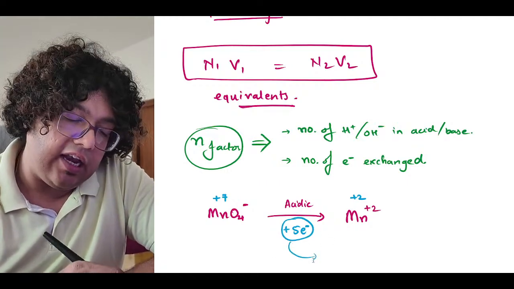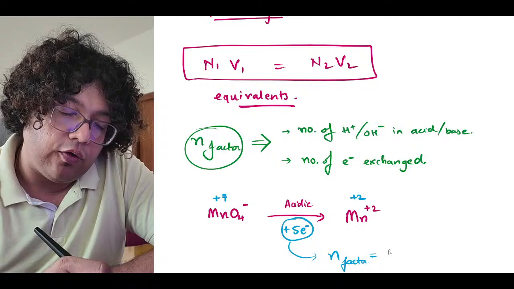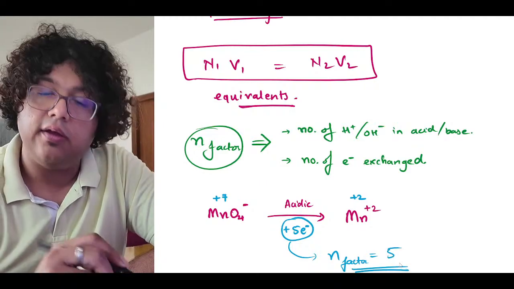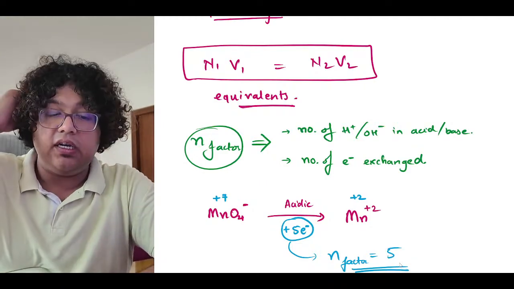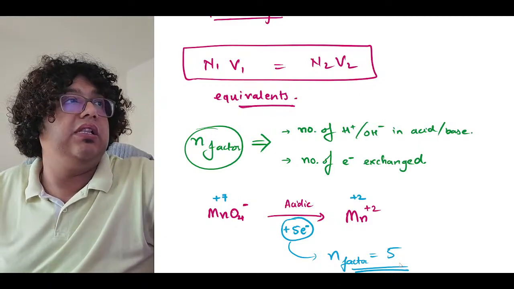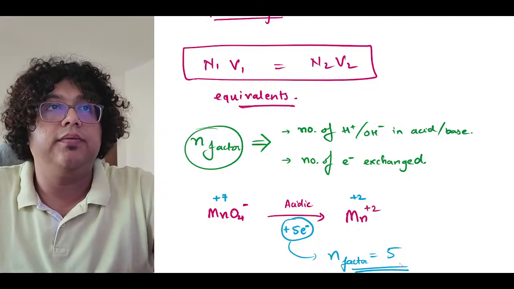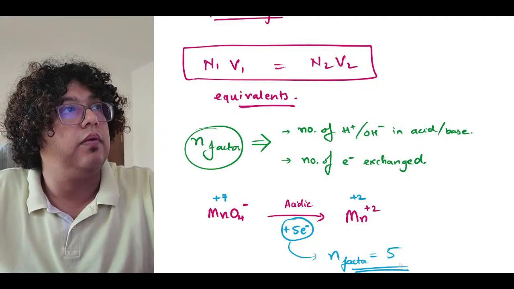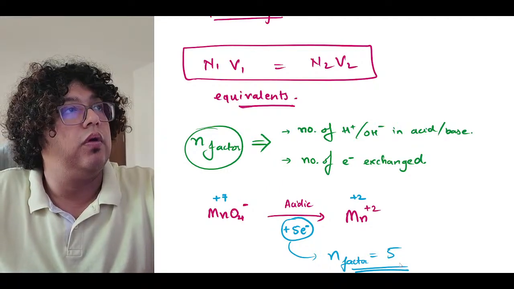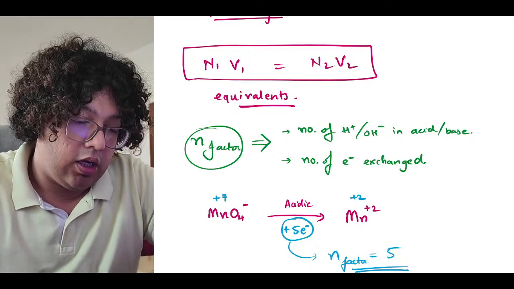So can I say the N factor for MnO4 minus in this reaction will be 5, because N factor is the number of electrons exchanged? Are you all with me till this part? Yes or no? Is it clear? Yes, sir. Amazing.